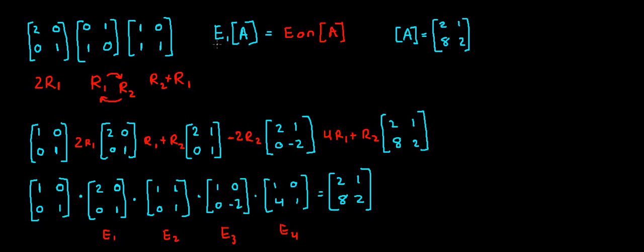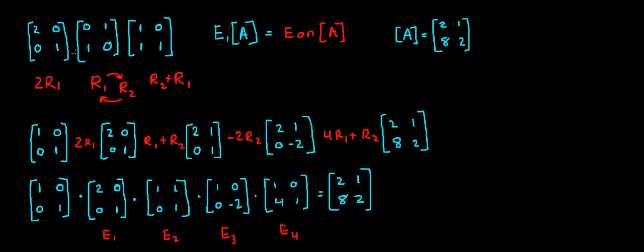Taking an elementary matrix E and multiplying it by some other matrix A that is not an elementary matrix, although it can be, the effect is that it performs the operation E on A. So for the first example, if A is not an elementary matrix, then we multiply 2 times the first row of A, because that is the operation of the elementary matrix.